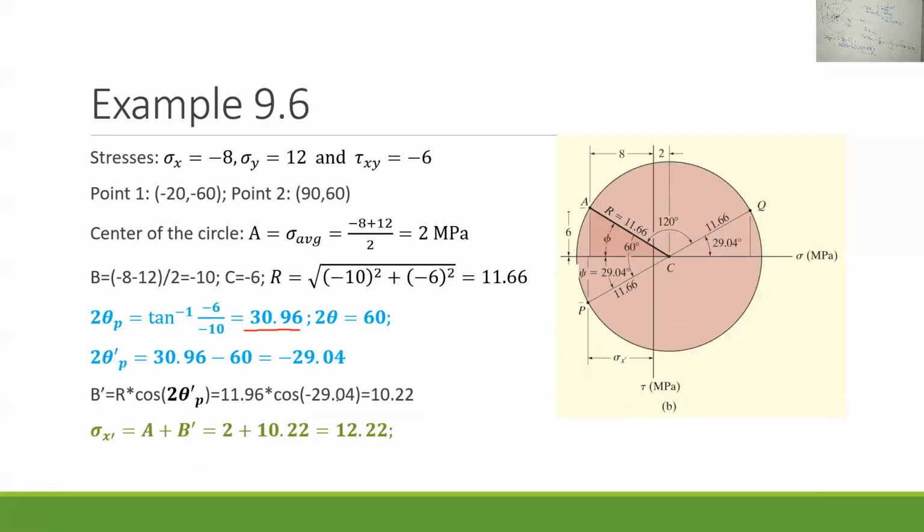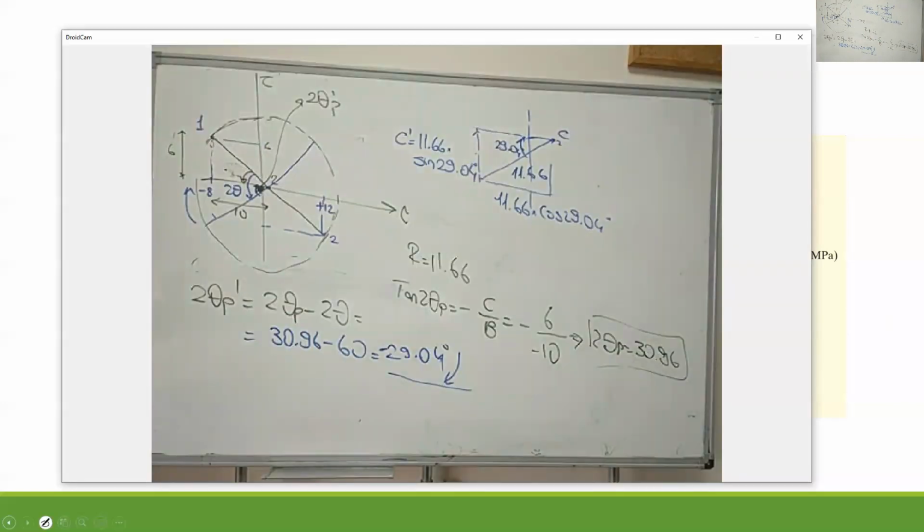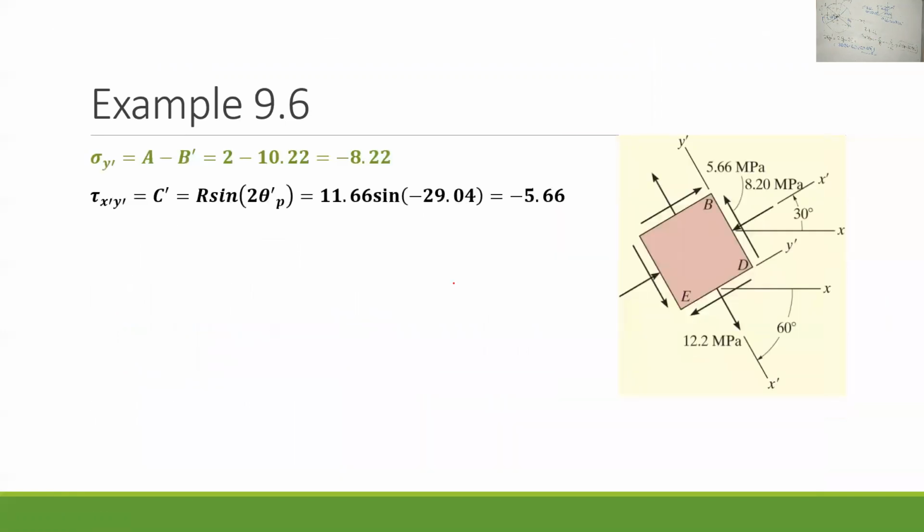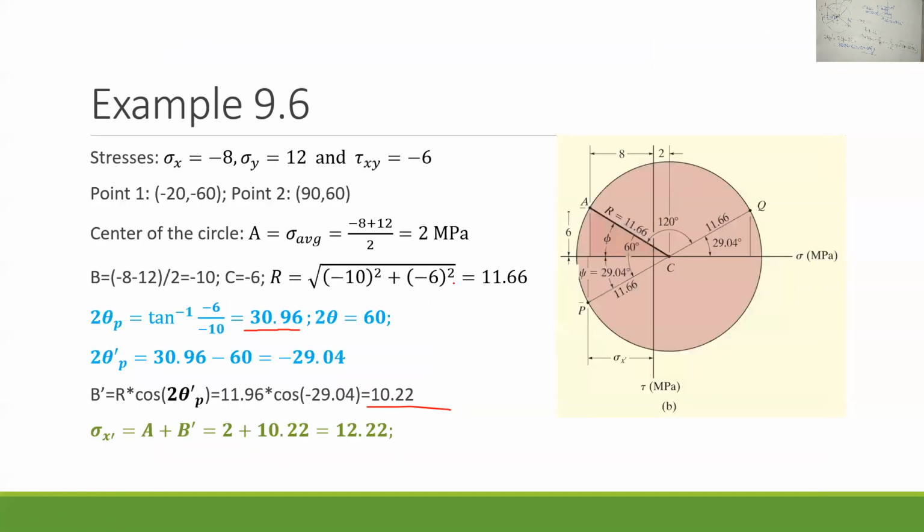This value is 10.22. Yes, cosine gives 10.22. Okay, what is the sine value? Oh, sorry, I only need sigma x prime and sigma y prime values.